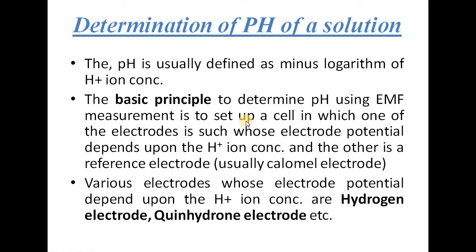We set up a cell in which one of the electrodes is such that its electrode potential depends upon the concentration of hydrogen ion, whereas the other electrode is a reference electrode, which we generally take as the calomel electrode. Generally, the electrodes used, whose electrode potential depends upon hydrogen ion concentration, are the hydrogen electrode and the quinhydrone electrode.